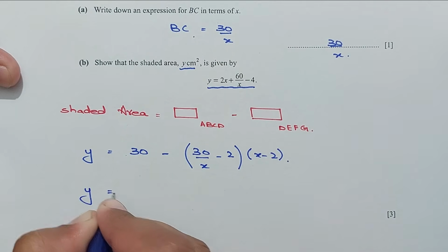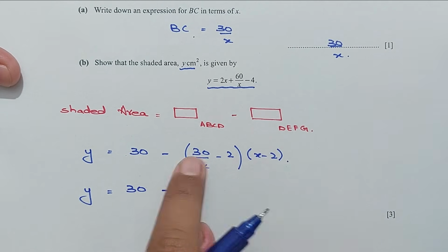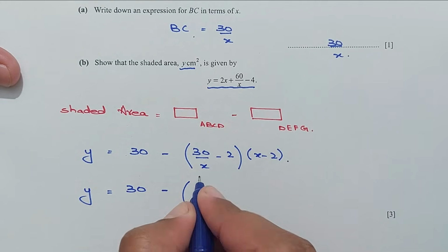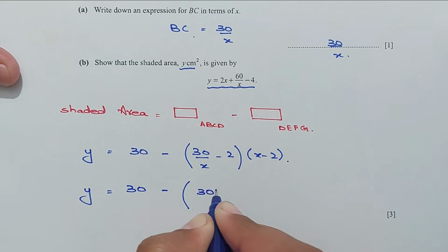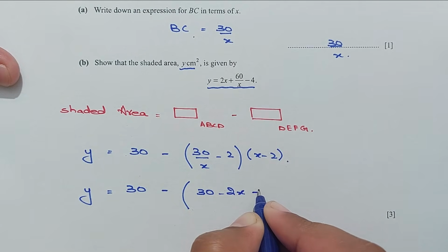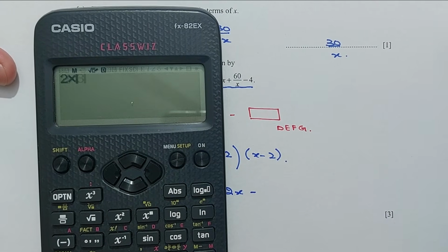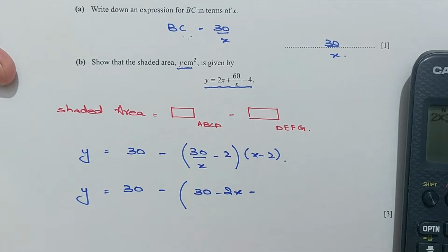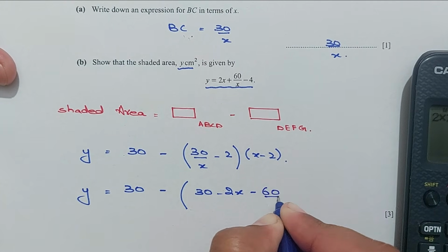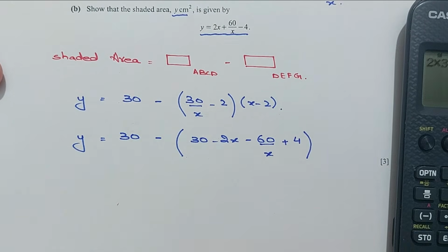So y would be equal to 30 minus, let me times it by x. 30x over x is just 30, and minus 2x, and minus 2 times 30 would be 60 over x, and plus 2 times 2 would be 4, right?